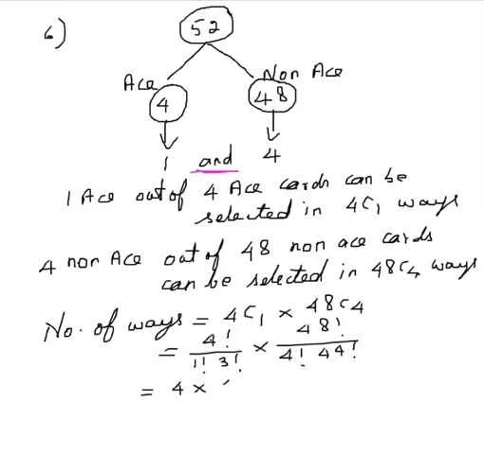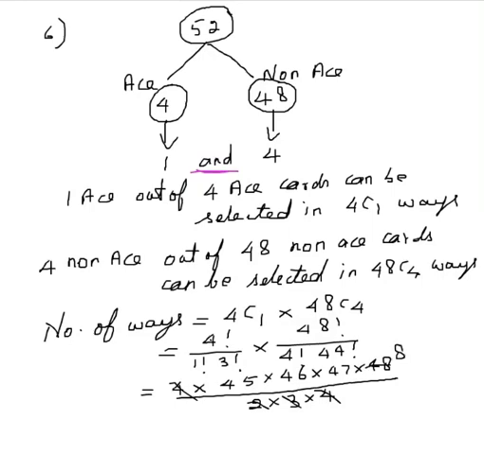And cancel 44 factorial, we have 45, 46, 47 and 48 divided by 4 factorial. Let us multiply these numbers. The answer is 778320.